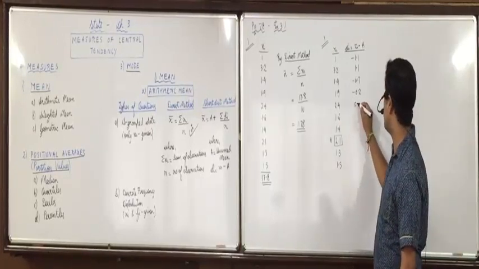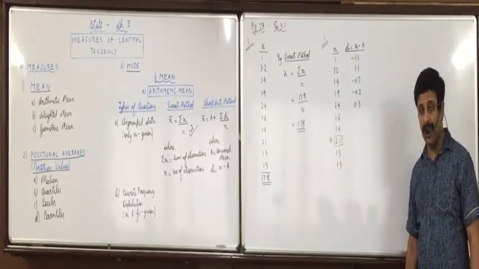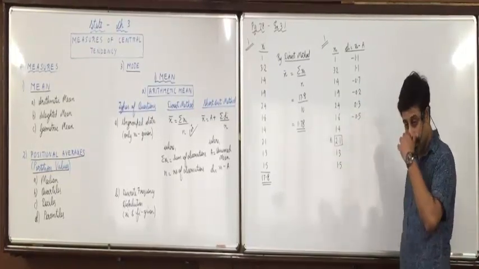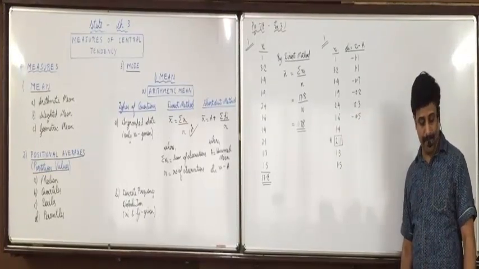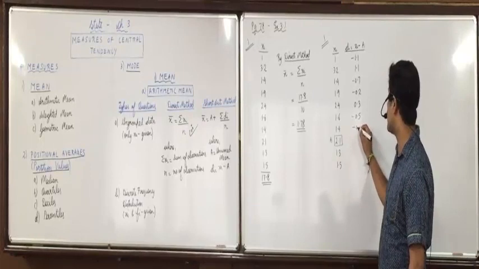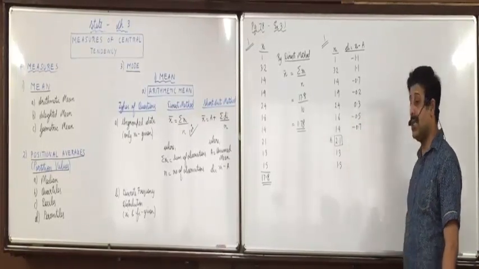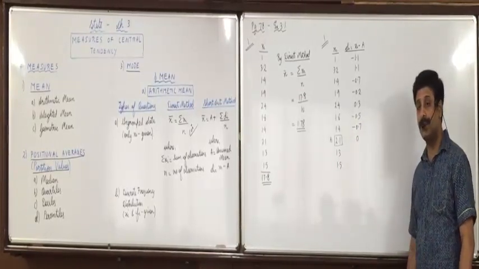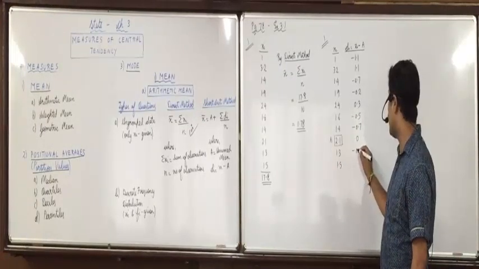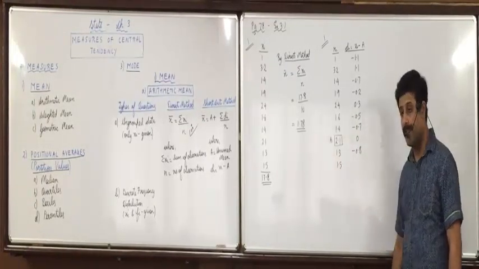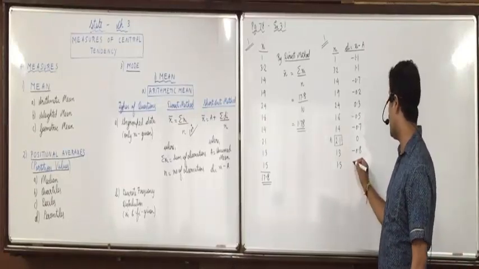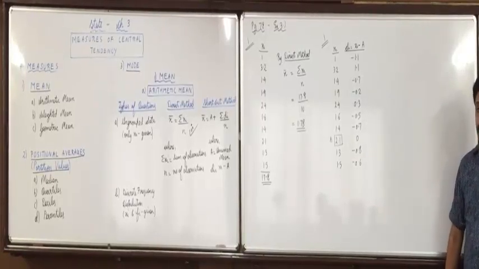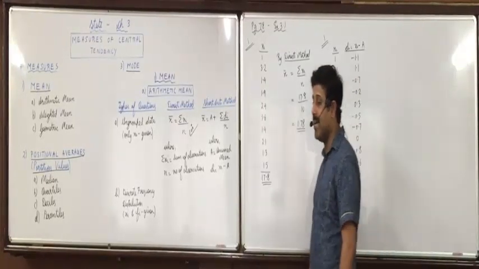Then 2.4 minus 2.1, 0.3. 1.6 minus 2.1, minus 0.5. 1.4 minus 2.1, minus 0.7. 2.1 minus 2.1, 0. 1.3 minus 2.1, minus 0.8. 1.5 minus 2.1, minus 0.6. Understood that, everyone? Raise your hand who did not understand the values of di.